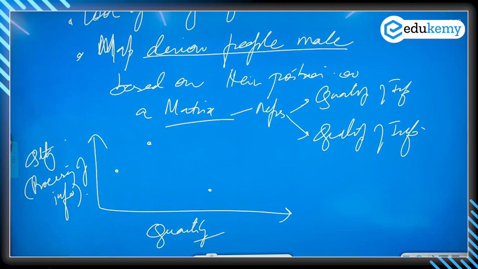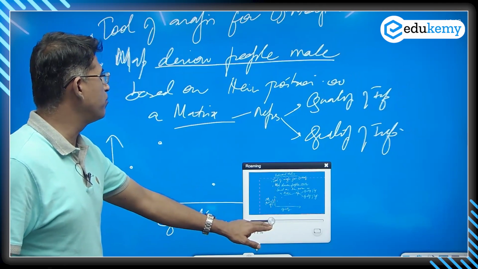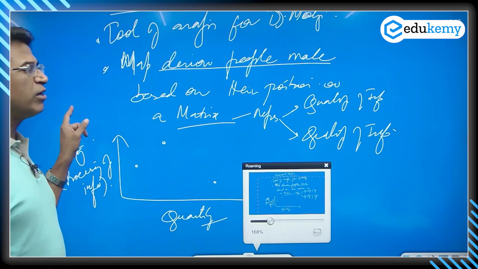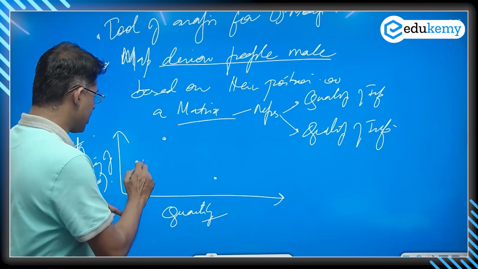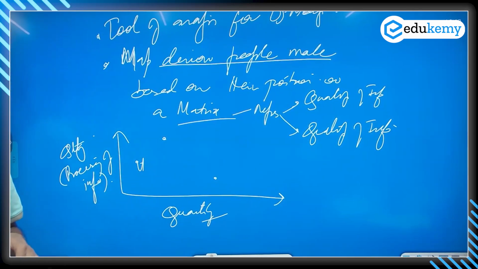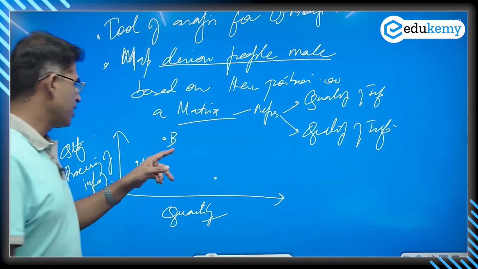So the matrix essentially maps the decisions people make based on their positions. If a person is here, then I know he will do X type of work. If a person is here, I know he'll make Y type of decisions. How do I know this?